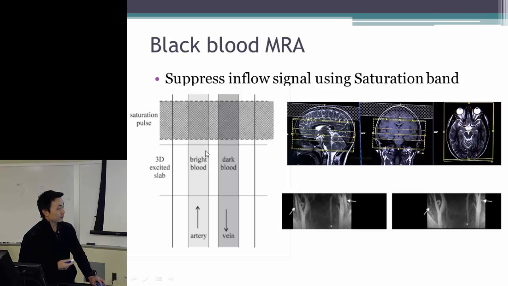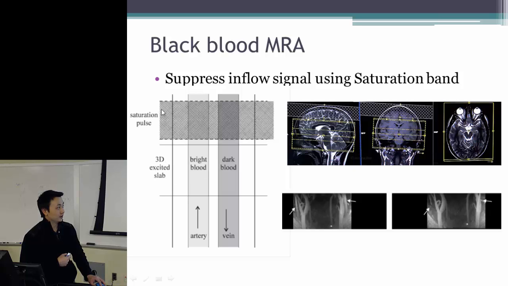So if we do an excitation slab or 2D excitation slice here, and we have the blood flowing, for example, the artery flowing from the heart to the head, and the veins from the head to the heart, then before we do the excitation, we do a saturation pulse just above this excitation slab.